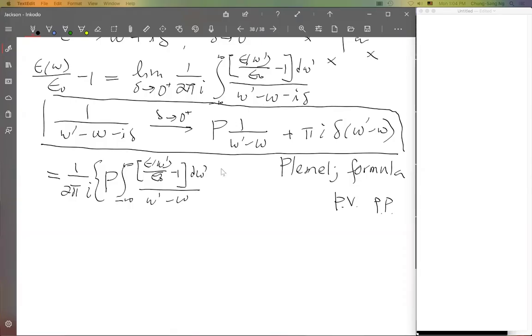So that's this part, going to here. Then the other part is pi I, so you cancel this pi I, right? And then you do the integration. We will include it in the bracket, so you keep the pi I first. And then the delta function will give you omega prime changed to omega. So you basically copy the same function, epsilon omega divided by epsilon 0 minus 1.